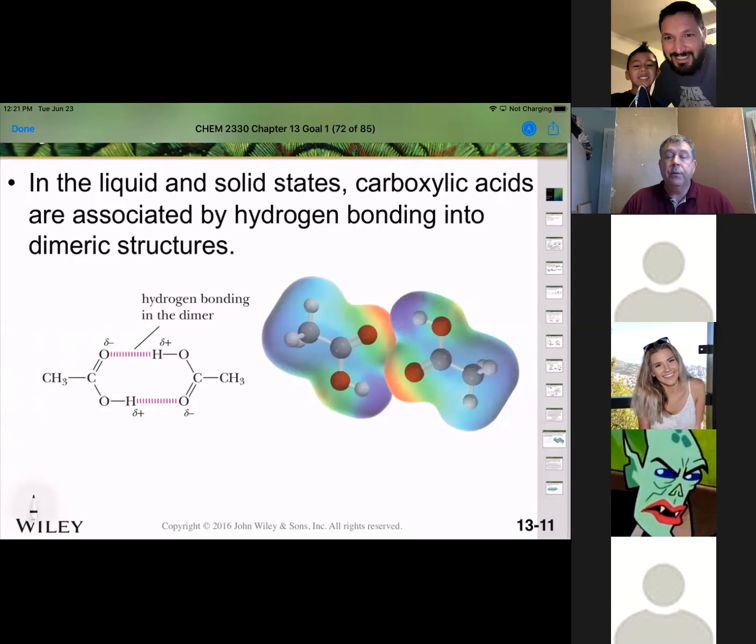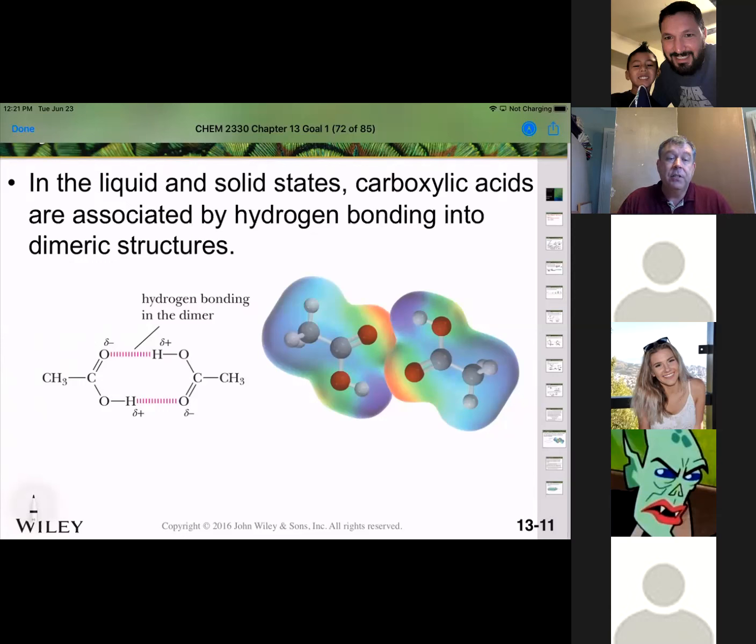It has to do with the fact that they form this weird 8-membered ring dimer, where the carbonyl of one of the carboxylic acids is hydrogen bonding to the OH of the other carboxylic acid, and they're binding together in this tight 8-membered ring, okay? This tight 8-membered ring drives the boiling point for all carboxylic acids to be higher than anything else, higher than alcohols, amines, or aldehydes or ketones, okay?